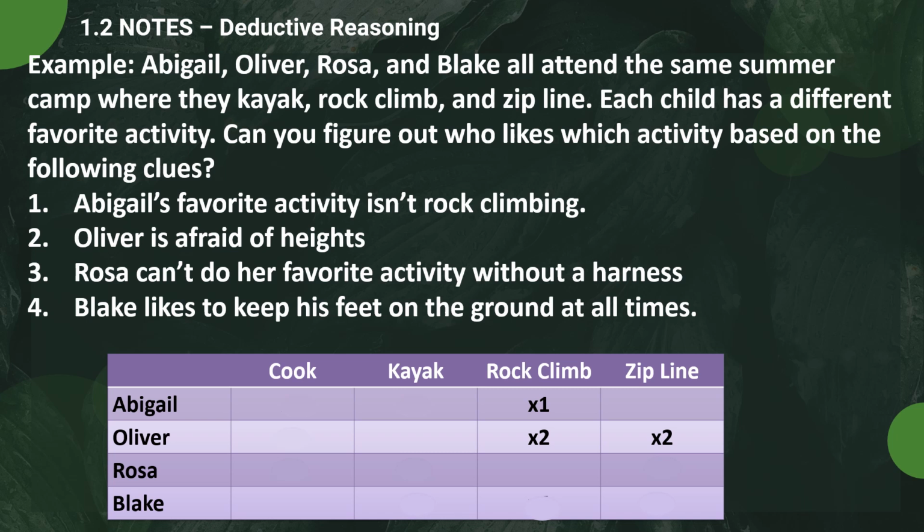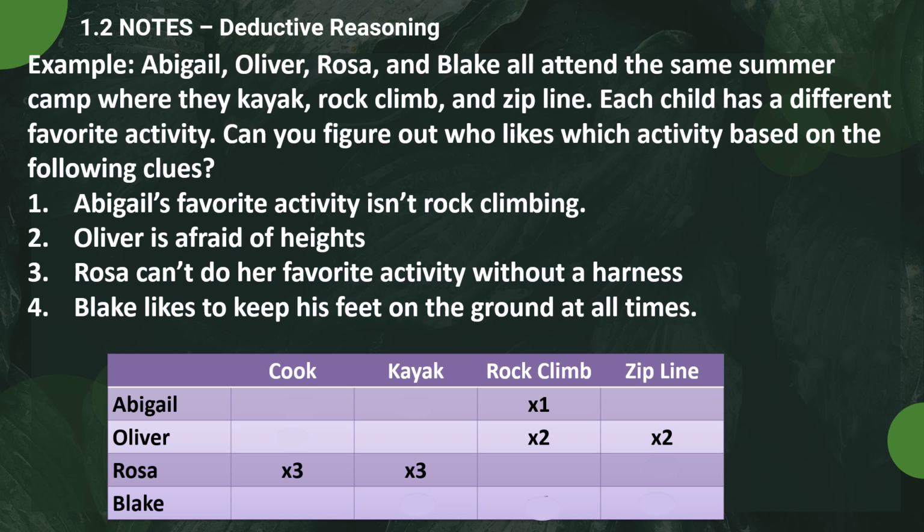So she must like rock climbing and zip lining, because those are the harness things. So that means we're going to eliminate cooking and kayaking with her. She can't do her favorite activity without a harness. Does that make sense? I think so, yeah.